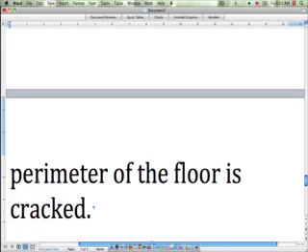Now, if perimeter is a new word, perimeter is just the area around a shape. So in our bathroom, the floor might be kind of a rectangle shape, perhaps, I'm just guessing. So the perimeter would be the edge of that rectangle. So all the way around the perimeter is cracked. So the tile has not been laid properly.